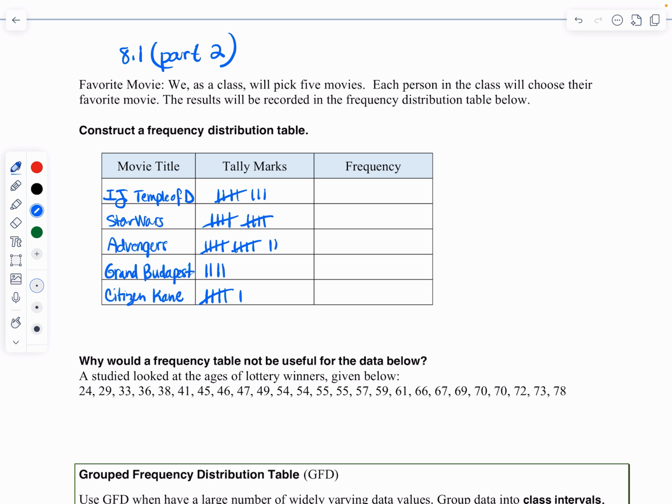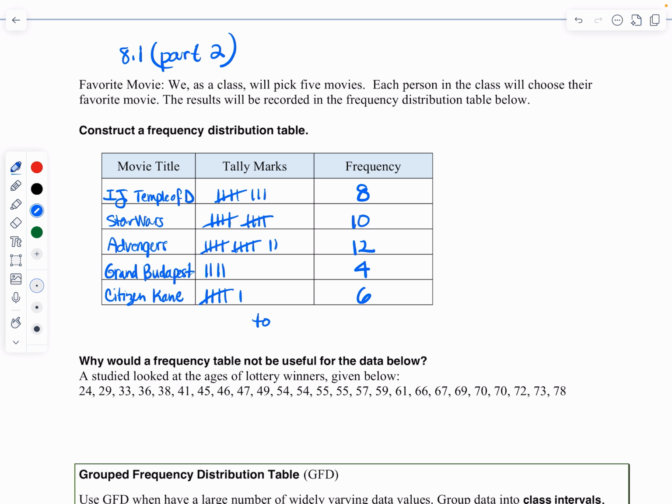I would put a tally mark. So Indiana Jones and the Temple of Doom have 5, 6, 7, 8. So its frequency is 8 people. Star Wars has 10. Avengers has 12. Grand Budapest has 4. And finally, Citizen Kane has 6.